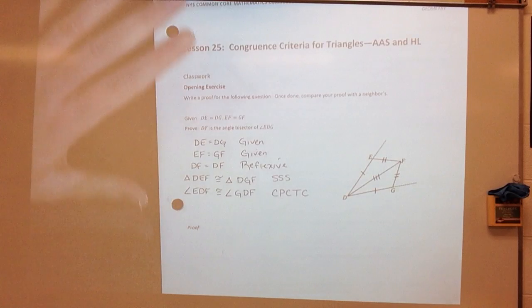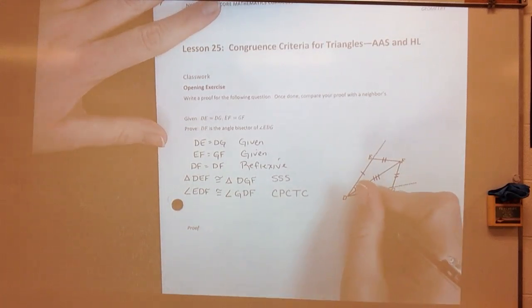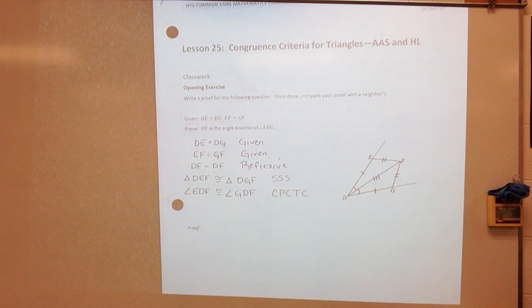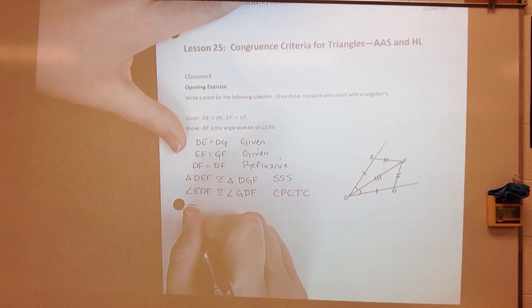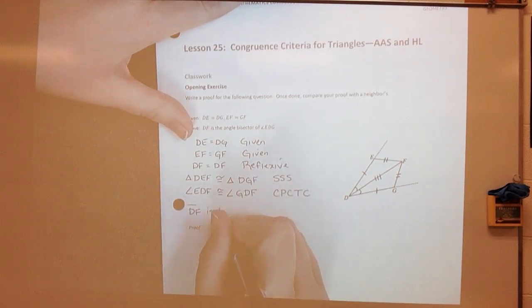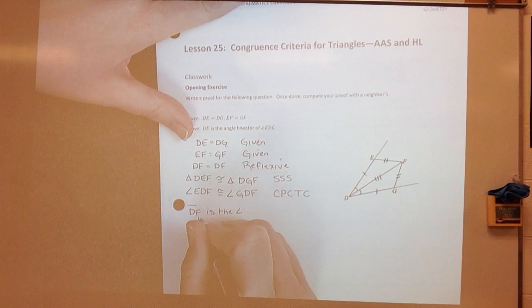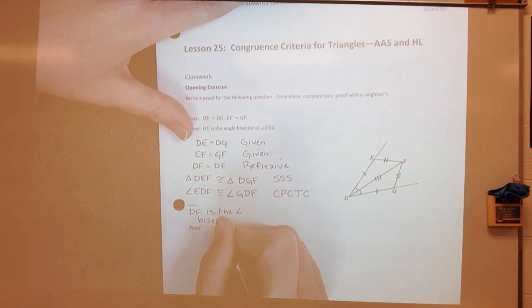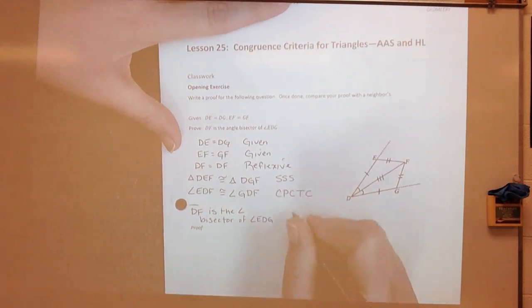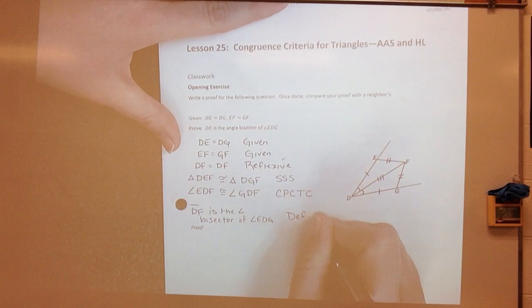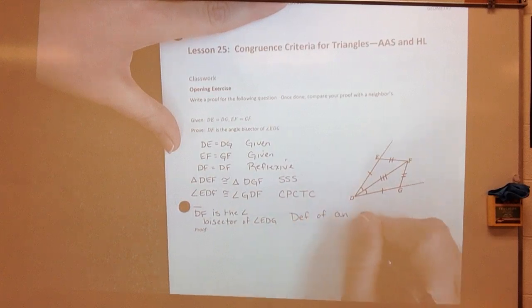So now, if I have proven that this angle is congruent to that angle, then I can say that DF is the angle bisector of angle EDG, and that's the definition of an angle bisector.